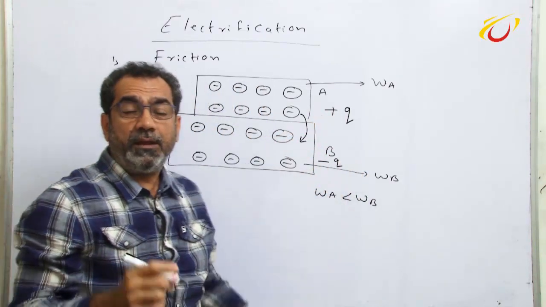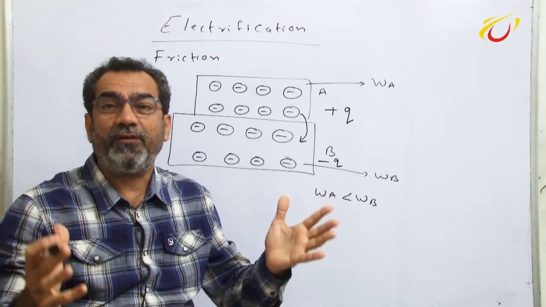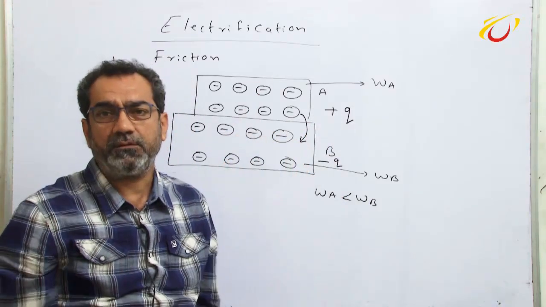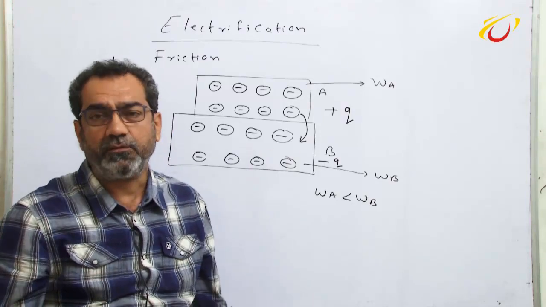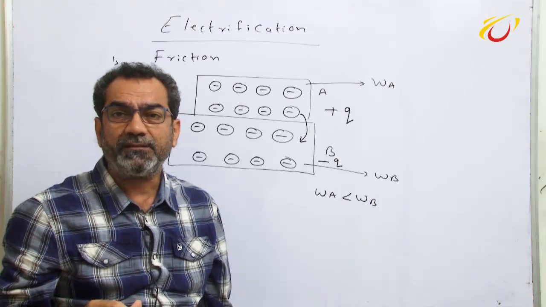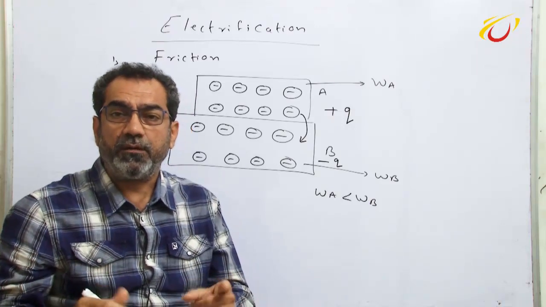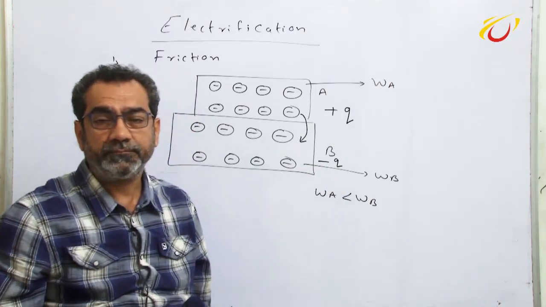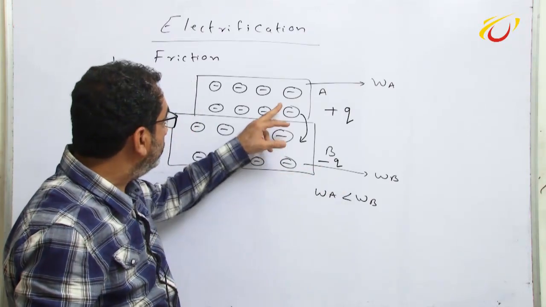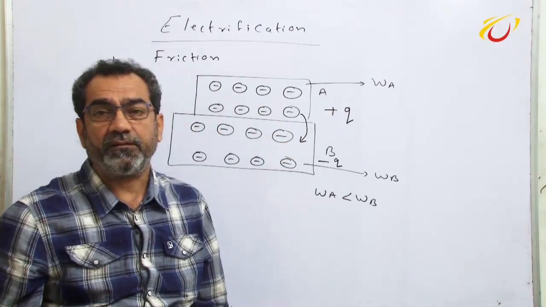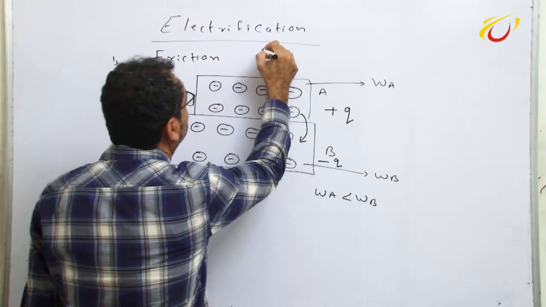I said that charges are created pairwise, plus and minus. Only plus will come, generally not possible. Only minus will come, generally not possible. Where there is a deficiency of electrons, the body becomes positively charged. Where there are excess electrons, the body becomes negatively charged. Correct? This is the charge creation due to friction. In some books it is called frictional electricity.